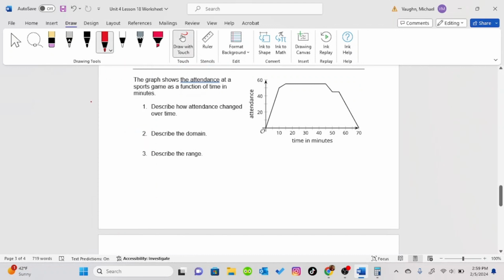The graph shows the attendance at a sports game as a function of time in minutes. Number 1, describe how attendance changed over time. So we can see that attendance grew quickly for the first 10 minutes.